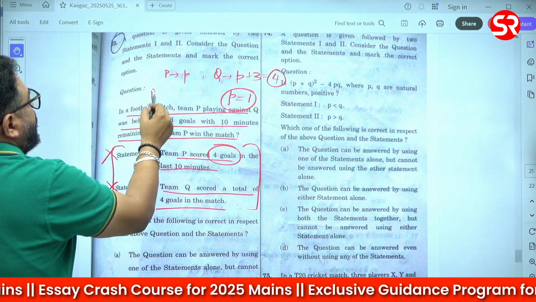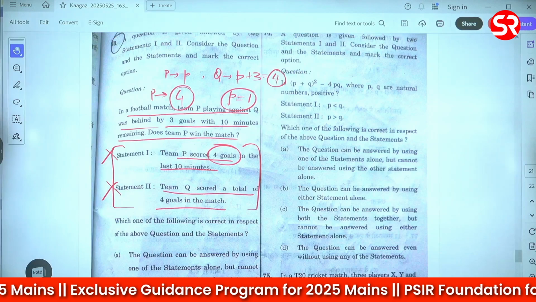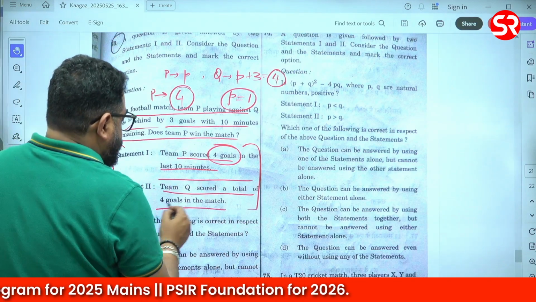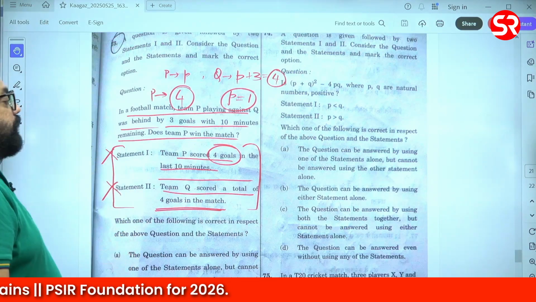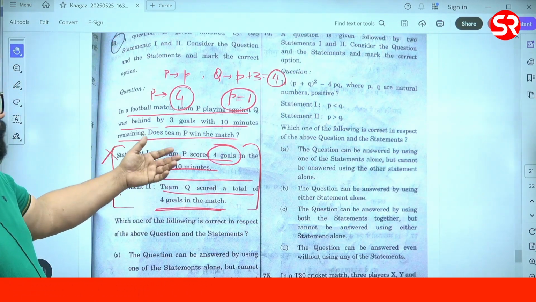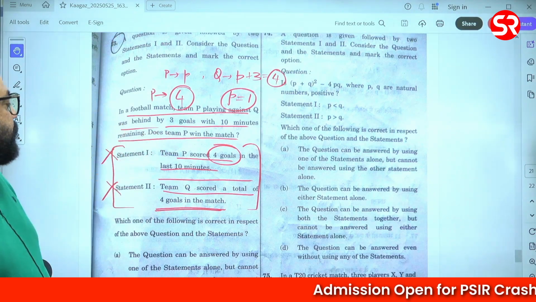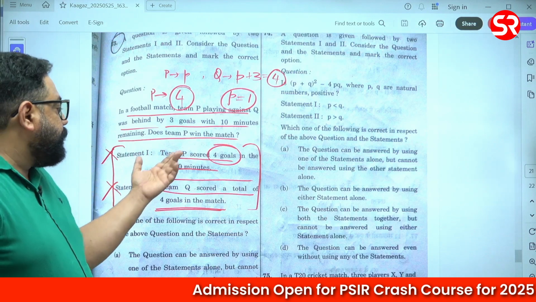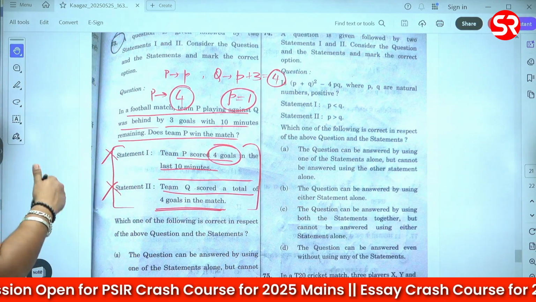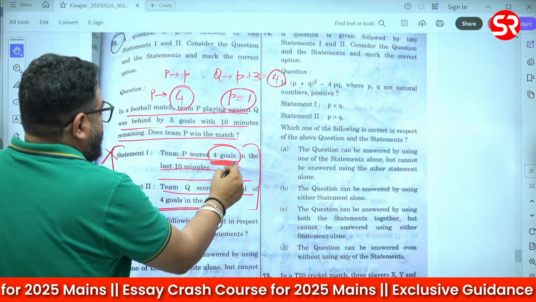So team Q scored a total of 4 goals in the match. टोटल 4 ही गोल किए हैं, राइट? और 10 मिनट पहले तक was behind, ठीक है ना? इसमें एक ही गोल किया था। Team P scored 4 goals in the last 10 minutes, right? देखो, इसने 4 गोल और कर दिए, guys.